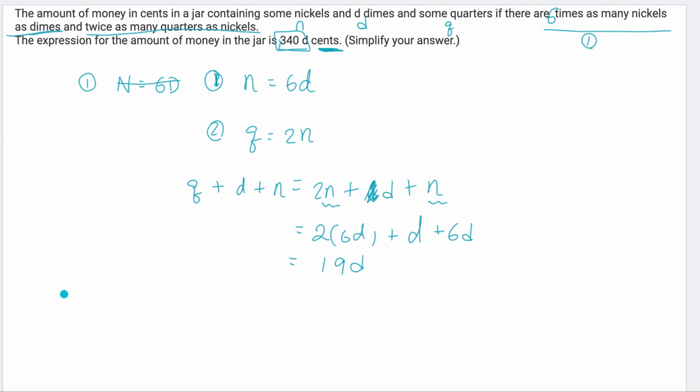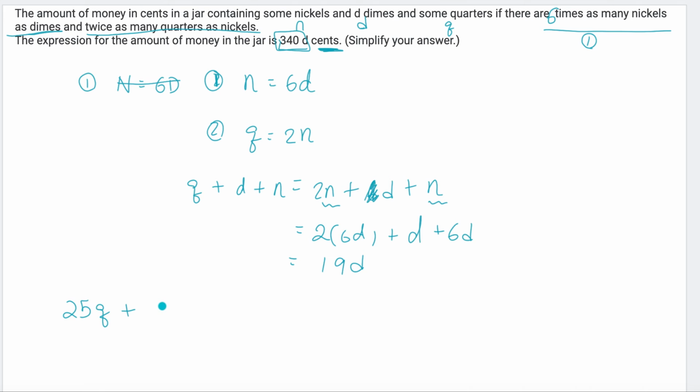So we know a quarter is 25 cents, right? And a nickel is 5 cents. A dime is 10 cents. So think about that. We have some coins, but each quarter has 25 cents. So if you multiply that by the number of quarters, that's how much you have in cents.